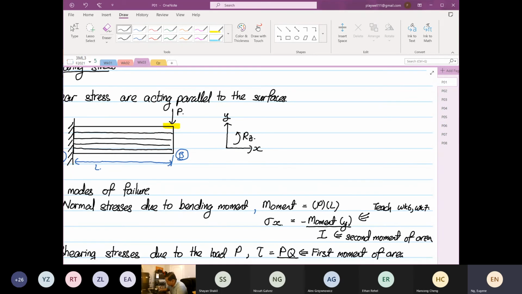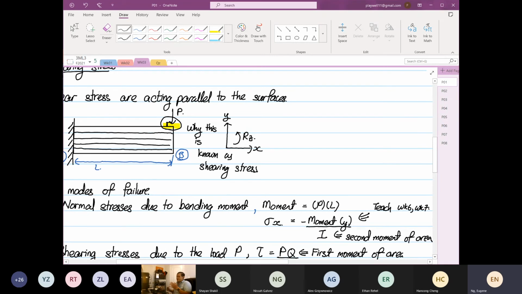If it's acting from this surface, this is 90 degrees, right? The force is 90 degrees to the surface. So when that's the case, why? This is known as shearing stress. Yes or no? You are curious now, right?